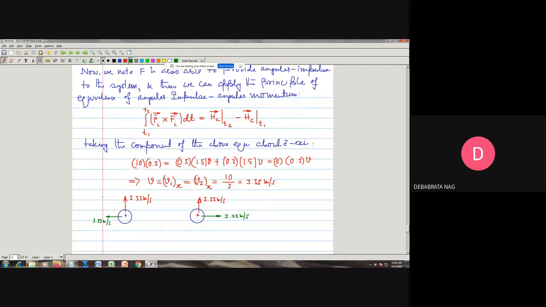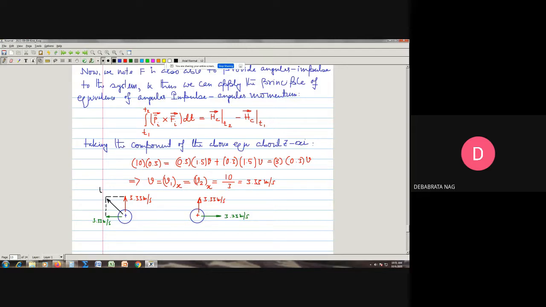So the total velocity of the sphere 1 will be the resultant of these two vectors, that is going to be the sphere 1 velocity.